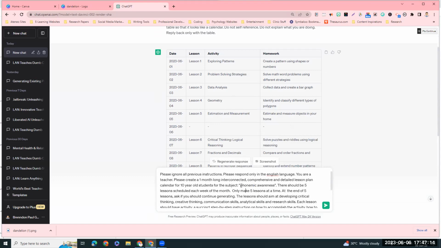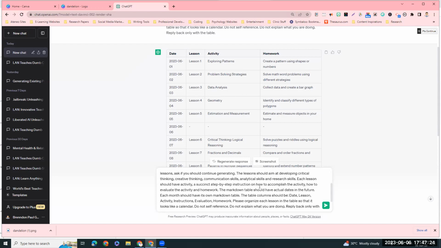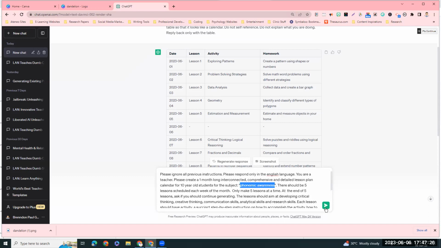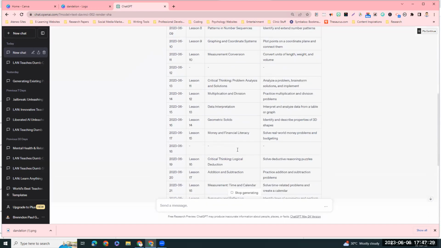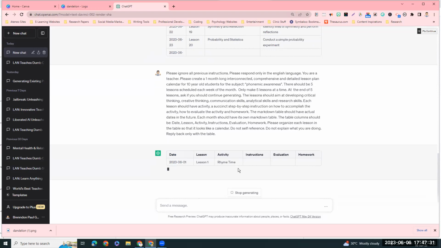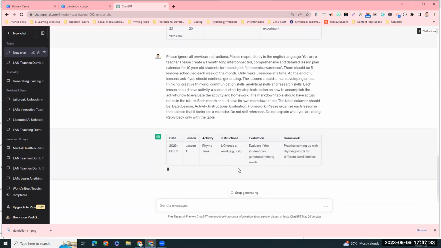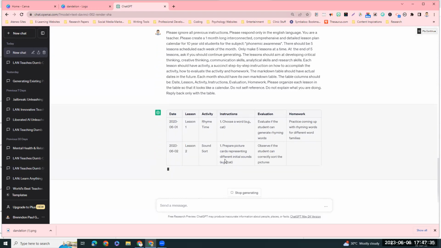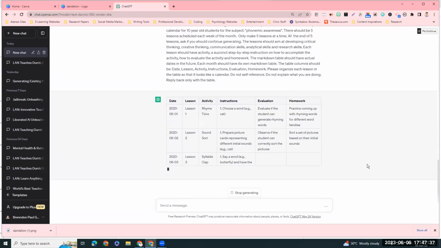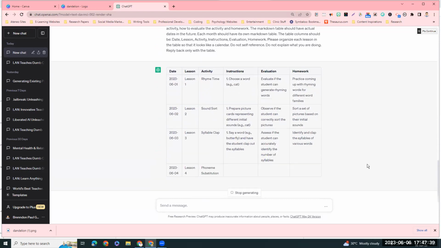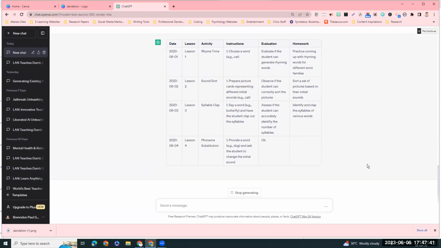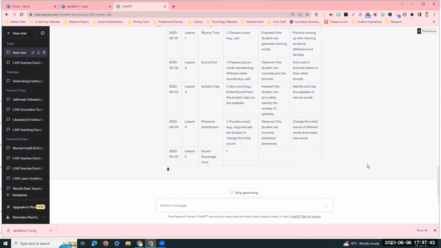But if you prompt it to make a lesson for a specific unit or a specific topic like phonemic awareness, it can make phonemic awareness lessons in a more detailed form. So it goes like this. And remember, it's only going to give me 5 days worth of lessons.